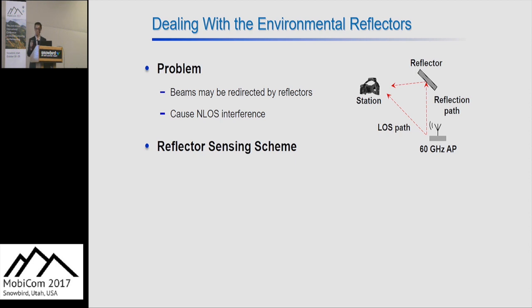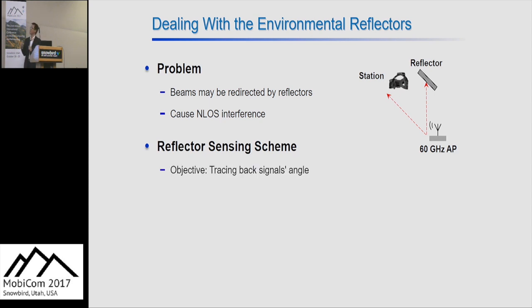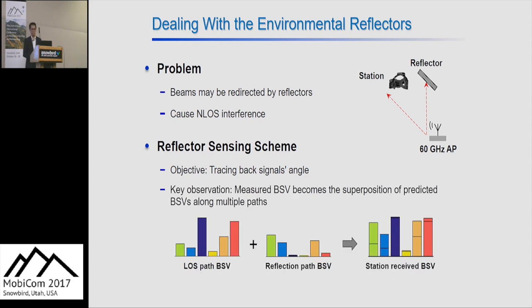Our basic idea is to reverse engineer the reflectors by tracing back the signal angles. So we first ask the user to randomly walk around the dominant reflectors, such as concrete walls and metal furniture in the environment.